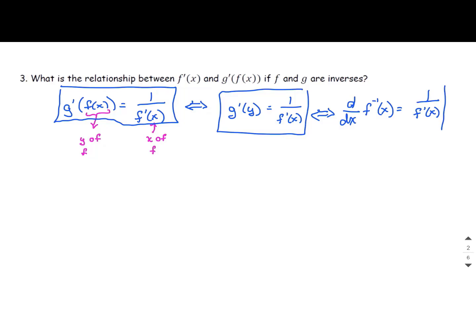But again, notice there's two x's in here. When you have an inverse, an x of the inverse is a y of the original function f. That's really important to be aware of: these x's are not the same number, okay? Real important.